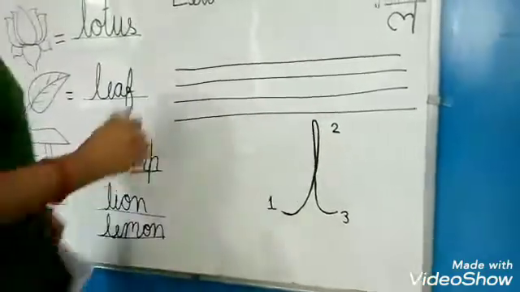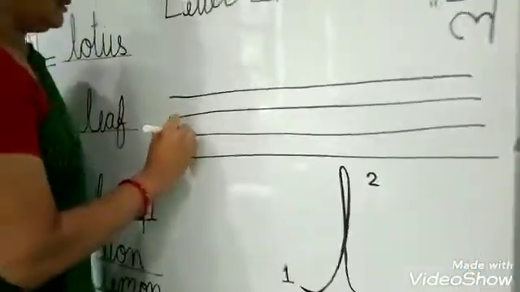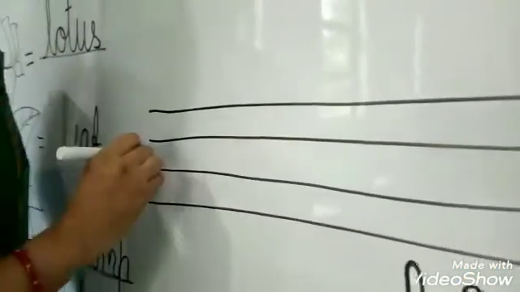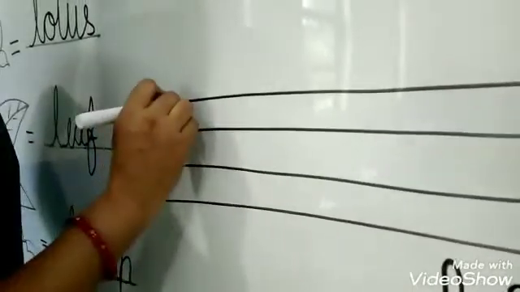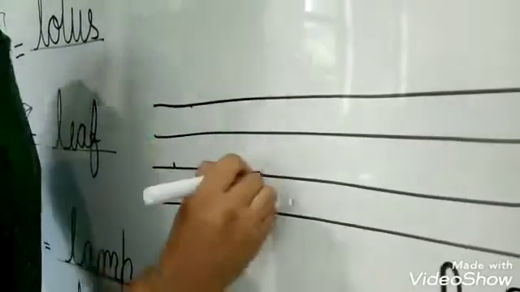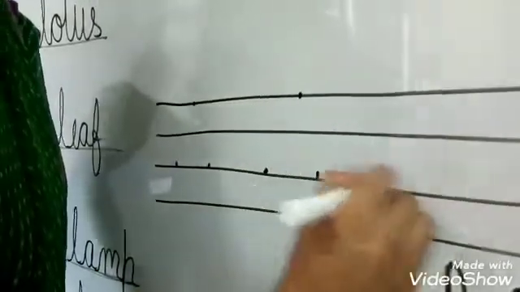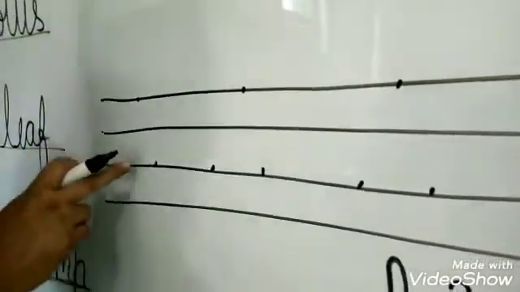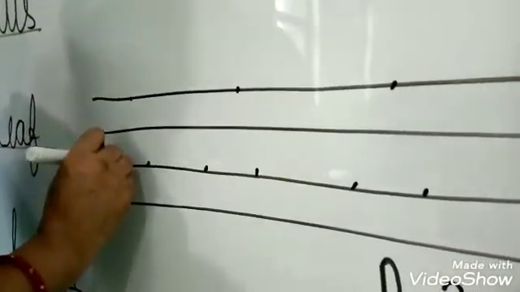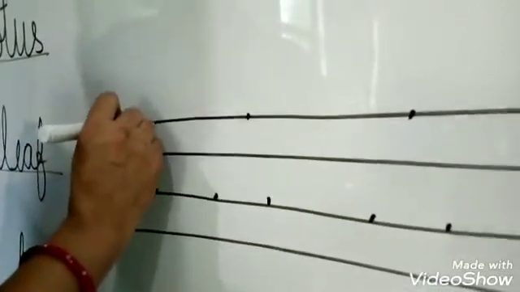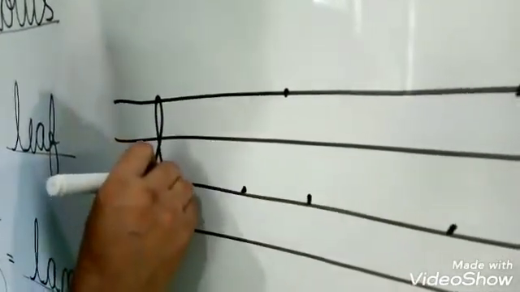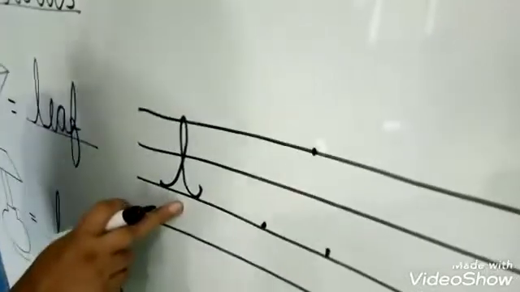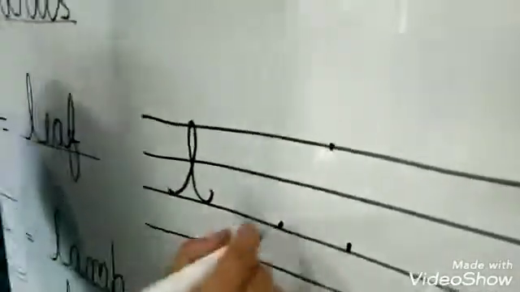Okay. So children, write in line. This is dot. Now write letter L. Go up, go down. This letter is L. Okay.